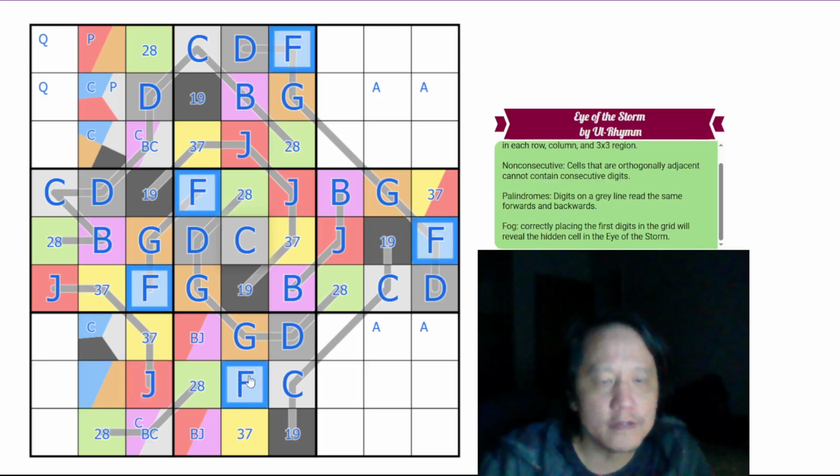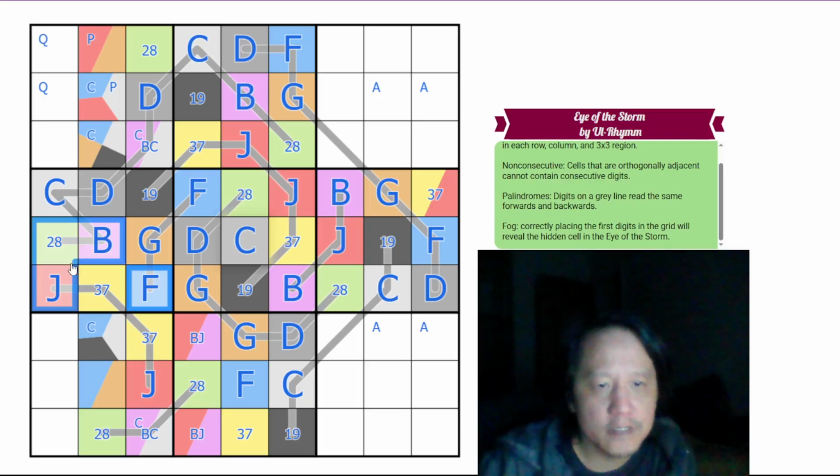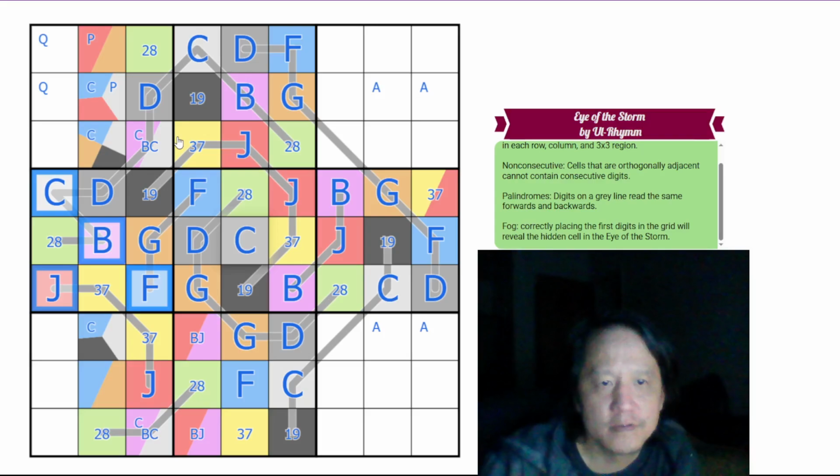F is, no, not F. Yellow. Yellow's next to these three. It's next to C. It's next to F. Well, we already have that. It's next to D. It's next to dark.